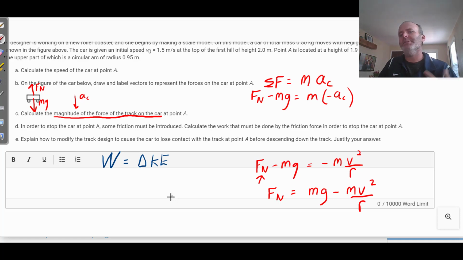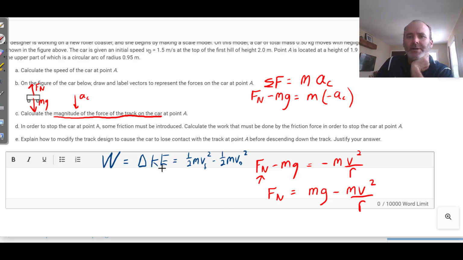Work is equal to the change in kinetic energy, so that's going to be 1/2 mv final squared minus 1/2 mv initial squared.